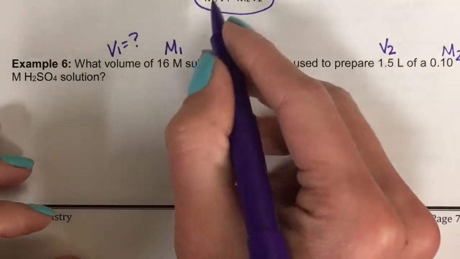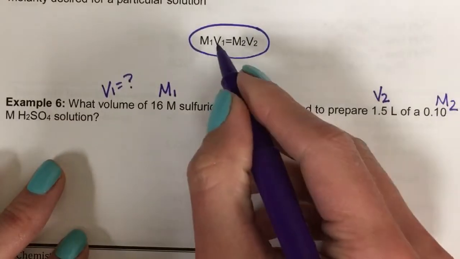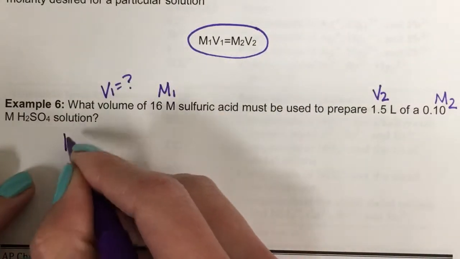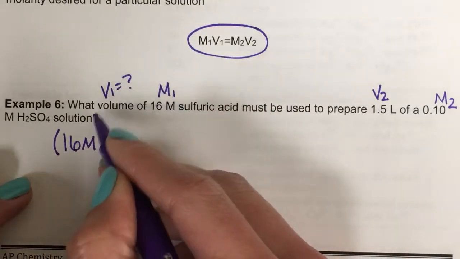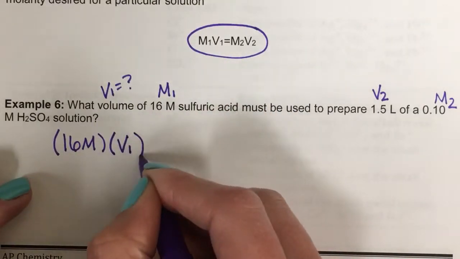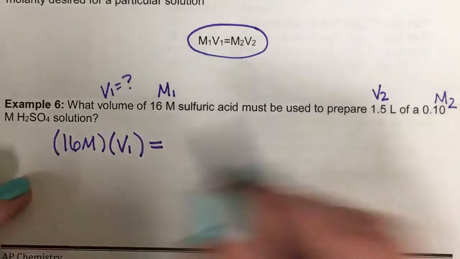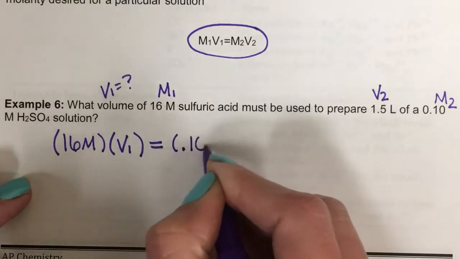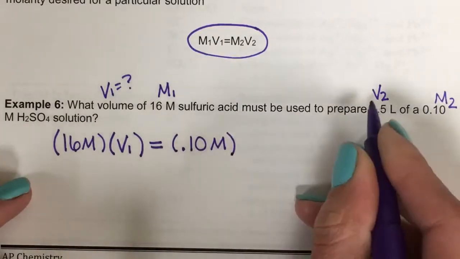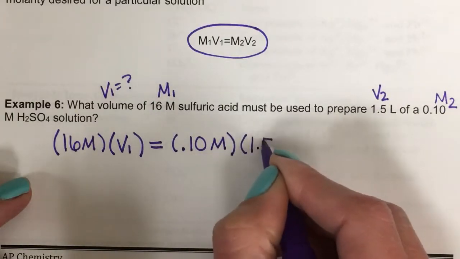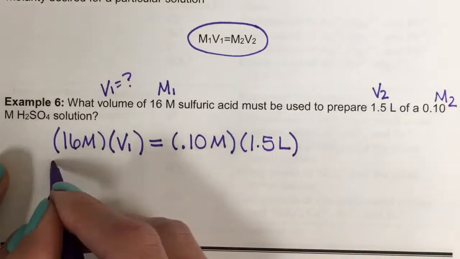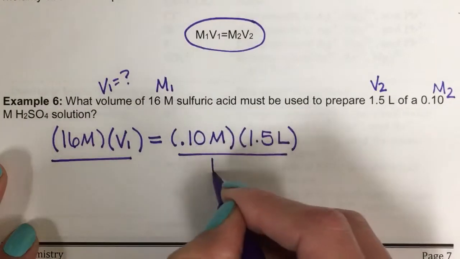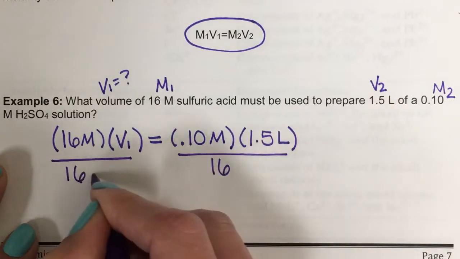Okay, so M1 V1, M1 is 16 molar. V1, I don't know. M2 is 0.10 molar. V2 is 1.5 liters. Okay? I want to solve for V1, so I'm going to divide both sides by 16.